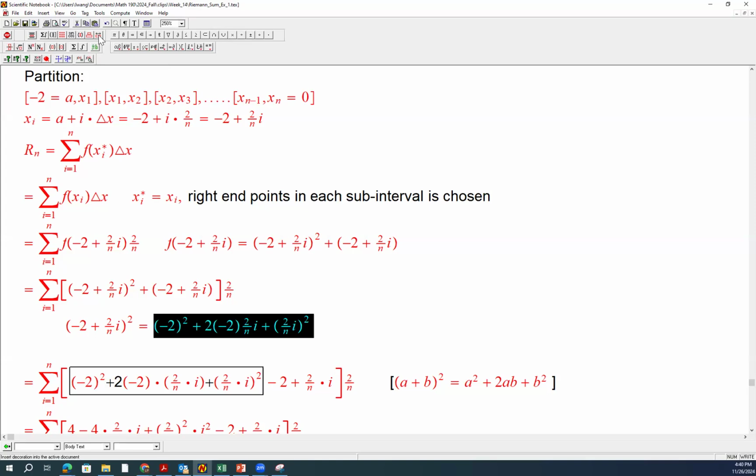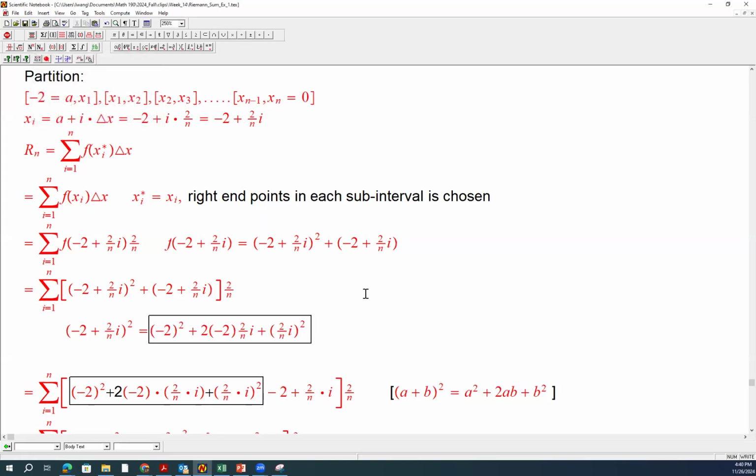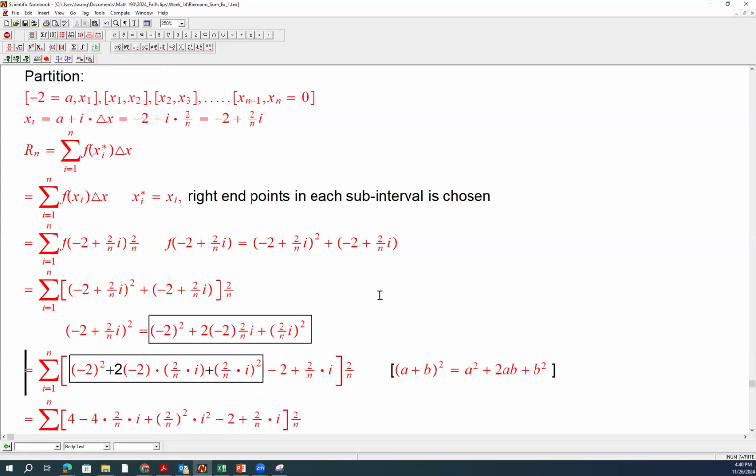It's really just basic algebra being used. On that part, because there's a plus sign in front of it, I just simply remove the parentheses. So that's how you see this. There's a -2, plus -2. You can see the correspondence.